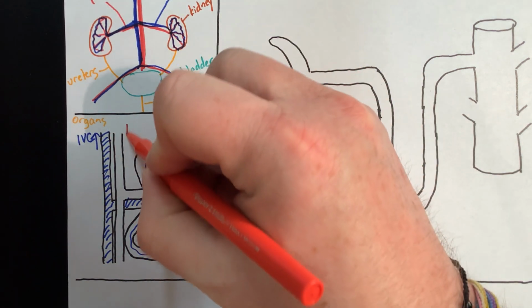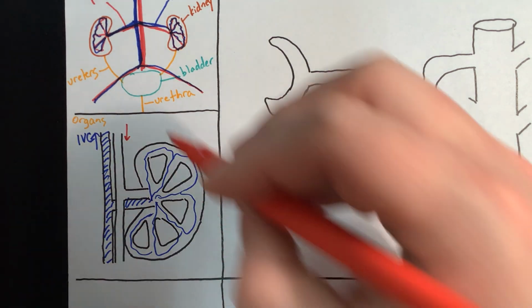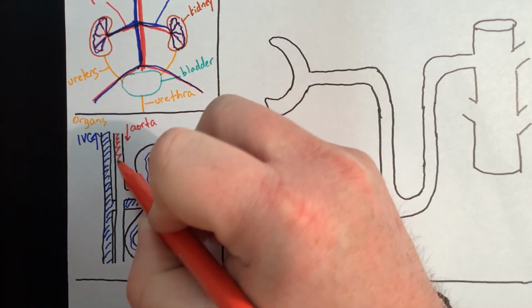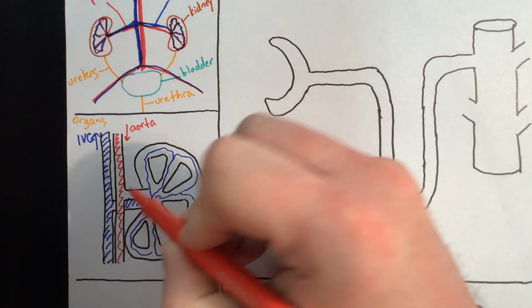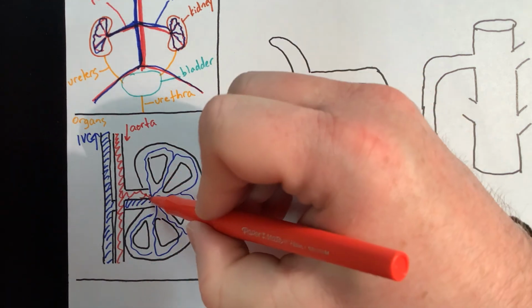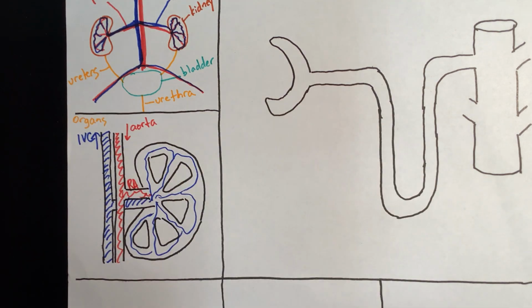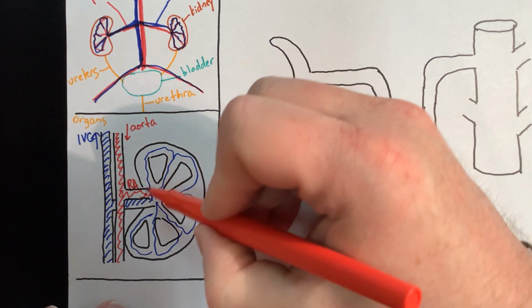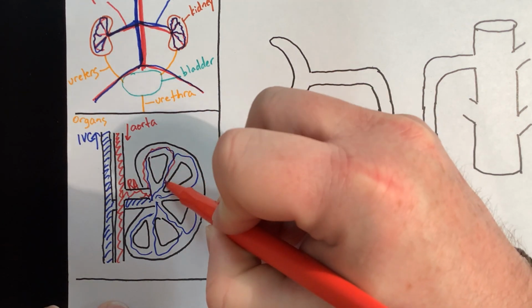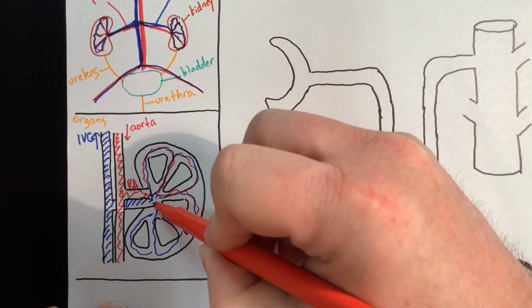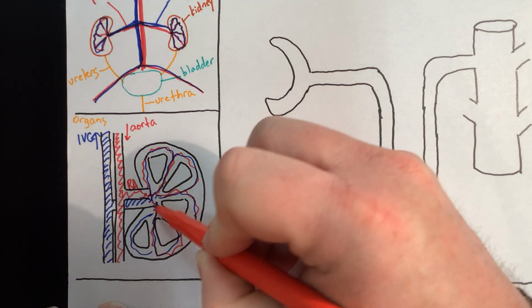And what brings blood from the heart is the aorta, and likewise, this is our renal artery. Should label that. That's the branch off of the aorta that takes blood throughout the kidney to be filtered to get that nitrogenous waste out.